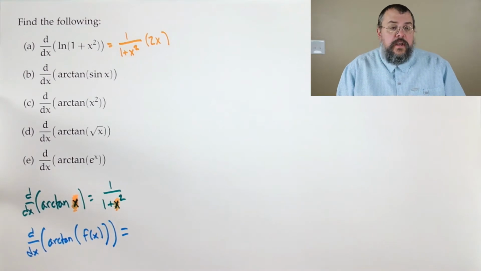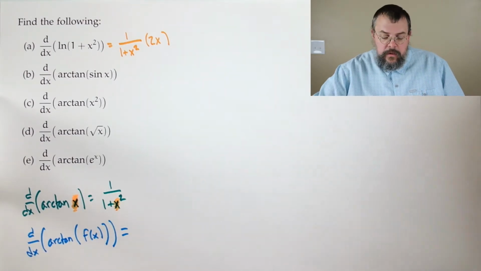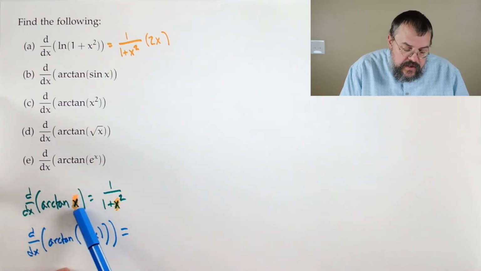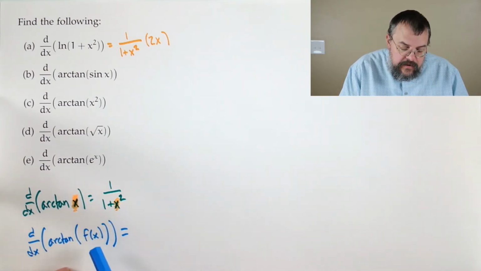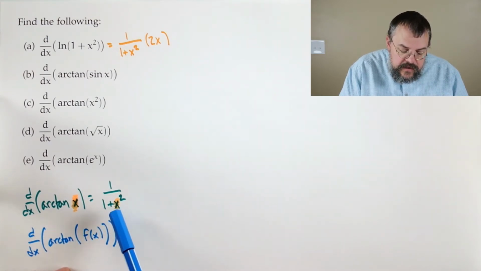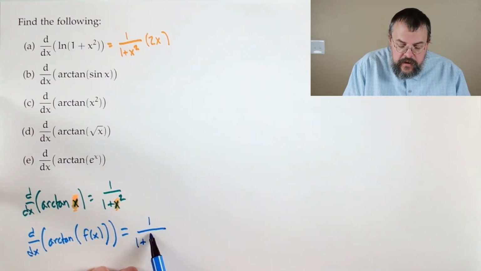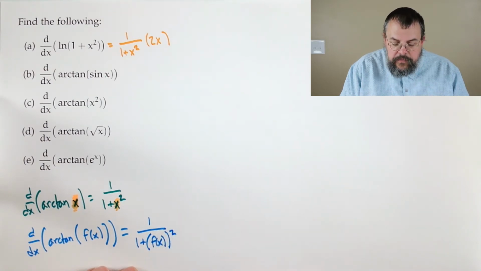If we think about the chain rule, you take the derivative of arctangent, but instead of plugging x in, you plug in f of x. So we plug f of x into that slot. It would be 1 over 1 plus, with parentheses so we don't miss anything, f of x quantity squared.